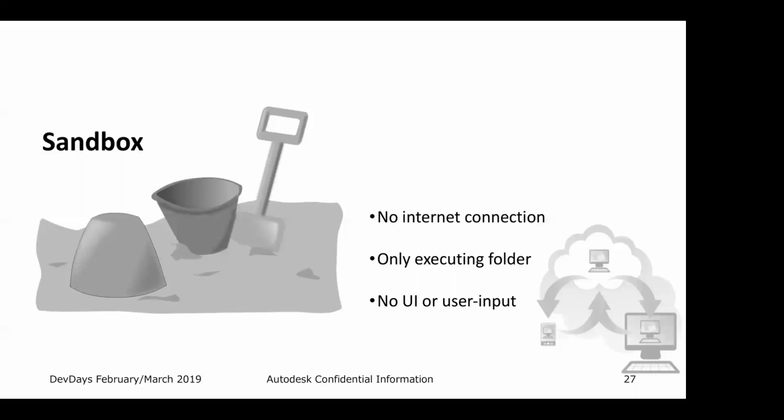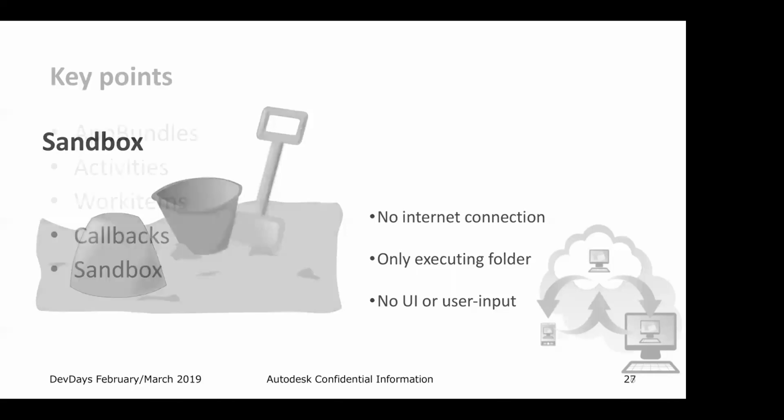We just have access to the executing folder and subfolders, of course. So do not try to access something like C or a root folder or app data, program files, program data. None of those folders are available, just the working folder. So this is very important, and that's what you need for Design Automation. And of course, there is no UI and no user input in your code. So your code needs to run completely independent, no input, no UI.